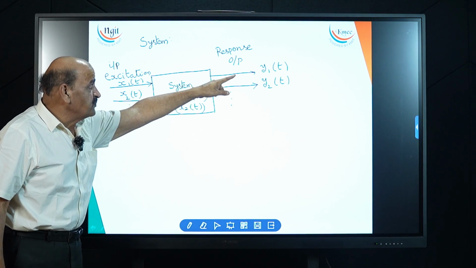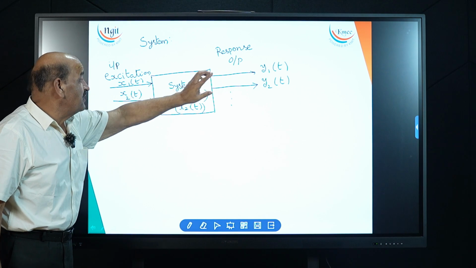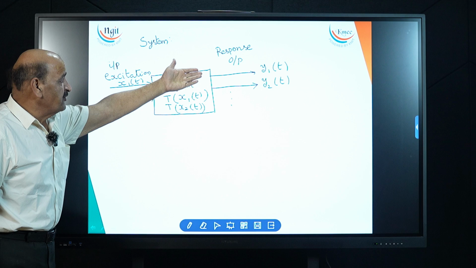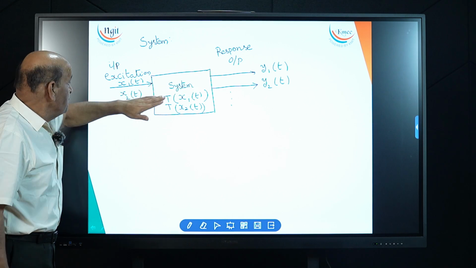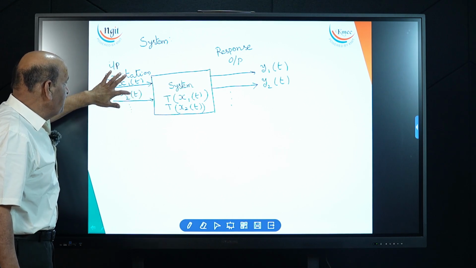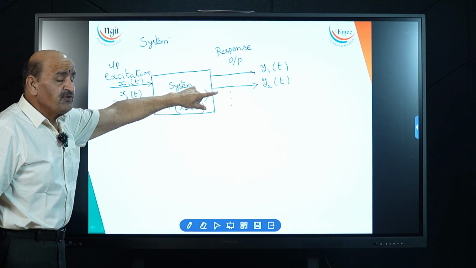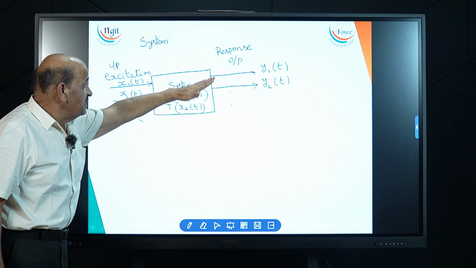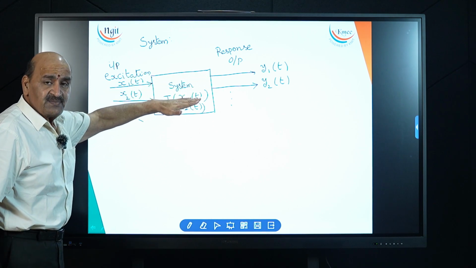For excitation x1(t), the response is y1(t). For excitation x2(t), the corresponding response is y2(t).